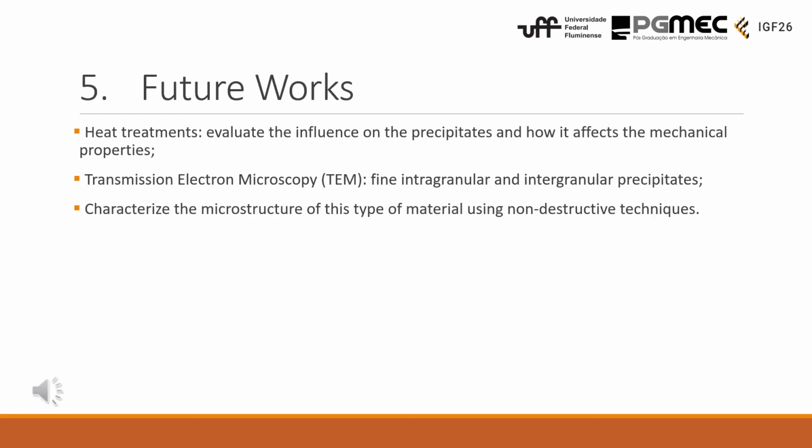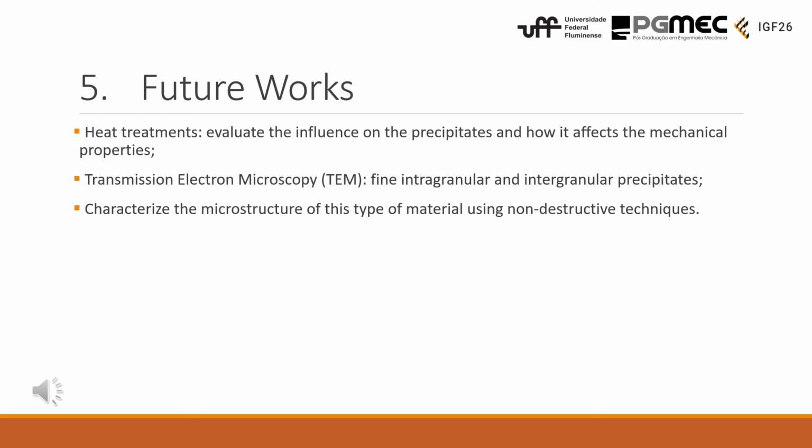As some future work ideas, we have heat treatments, so we can evaluate the influence of heat treatment on the precipitates rich in nitrogen and phosphorus, and how it is going to affect the mechanical properties of the material. We also want to use the transmission electron microscope to evaluate those fine intragranular and intergranular precipitates that we saw on some images.